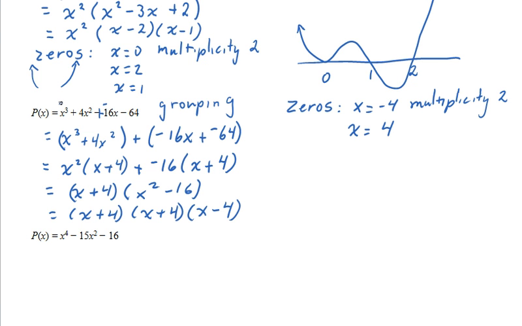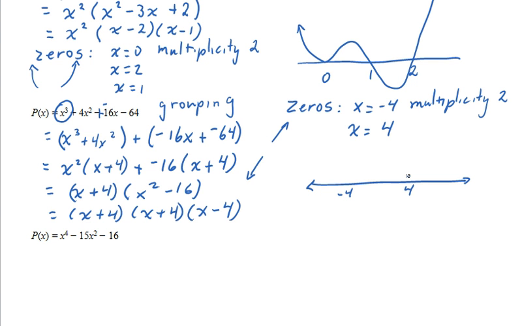Because the leading coefficient is 1x cubed, the end behavior will be similar to y equals x. I locate the points on the x-axis for the x-intercepts. Negative 4 and 4.